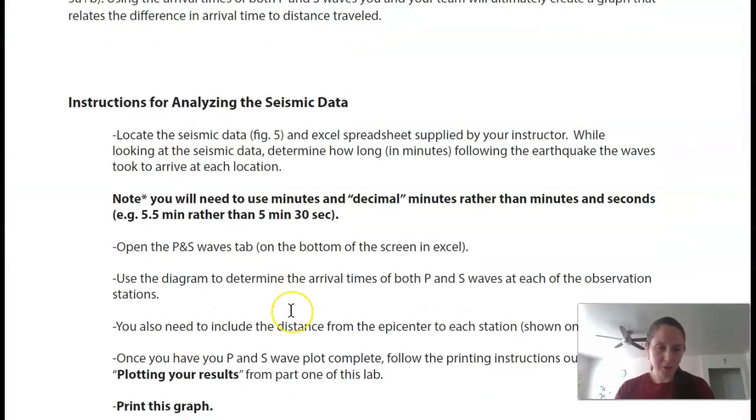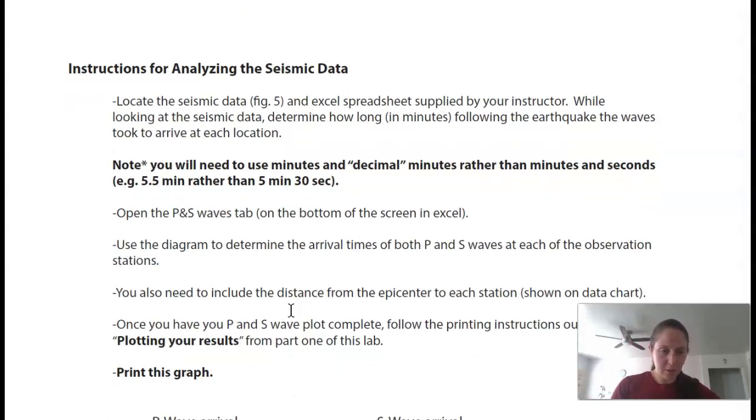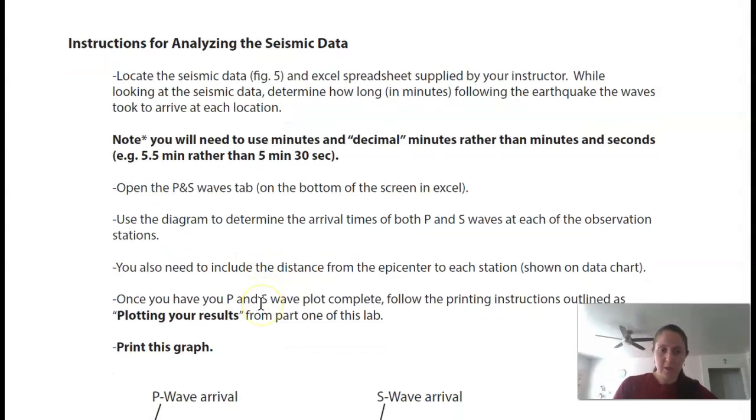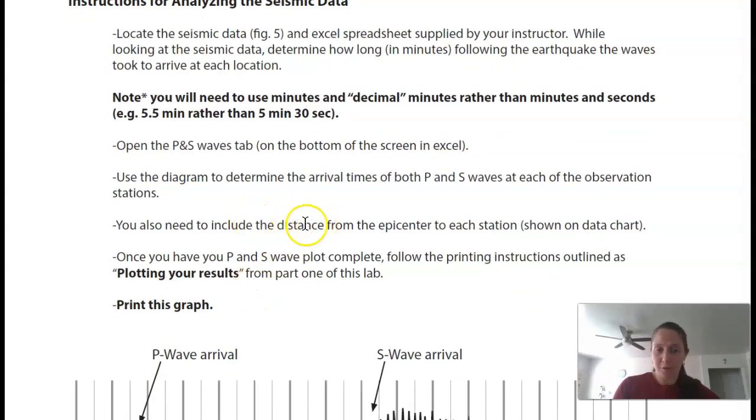Okay, so after you do that, he wants you to go ahead and, we already did these steps. So we open the Excel spreadsheet and we use the diagram to determine the arrival times of P and S waves. And then we also included the distance within that spreadsheet.